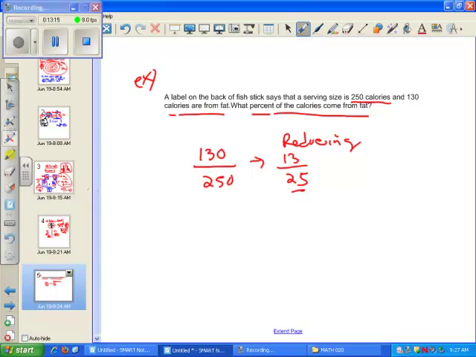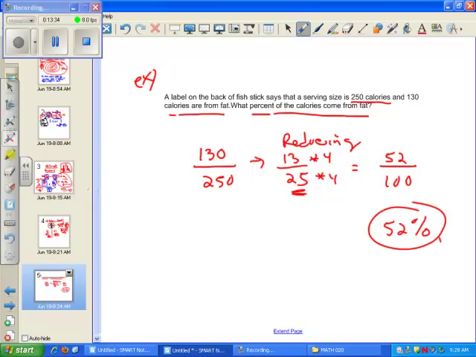So you're saying, gee, luckily 25 goes into 100. Right, so you might look at that and say, gee, I could multiply this by 4 and multiply this by 4 and arrive at 52 out of 100, and then you know that inherently that's 52%. That's a neat way of doing it.